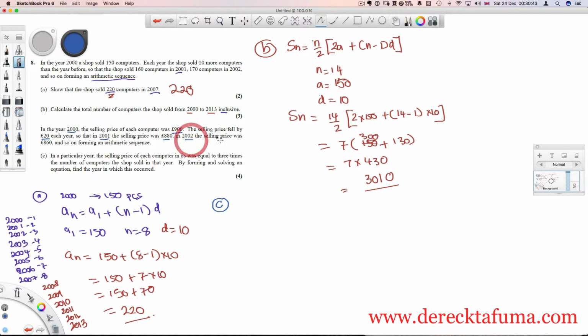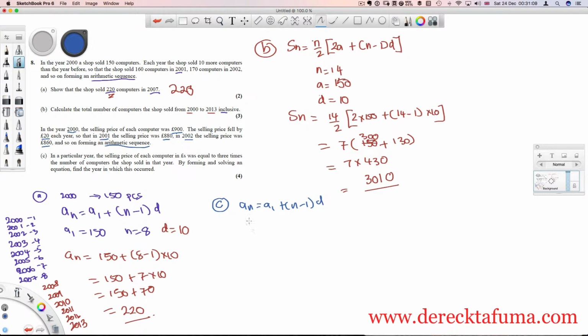In 2002, the selling price was 860, and so on, forming an arithmetic series. So the arithmetic series for that would be A sub n equals A1 plus (n minus 1) D.